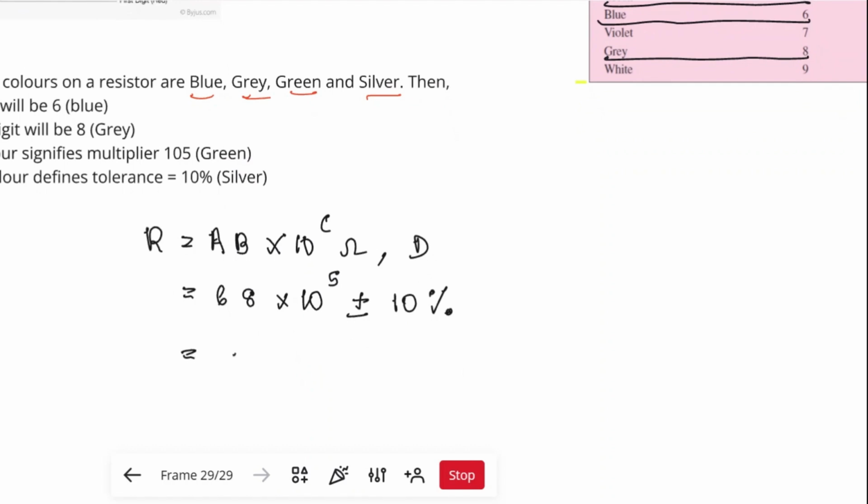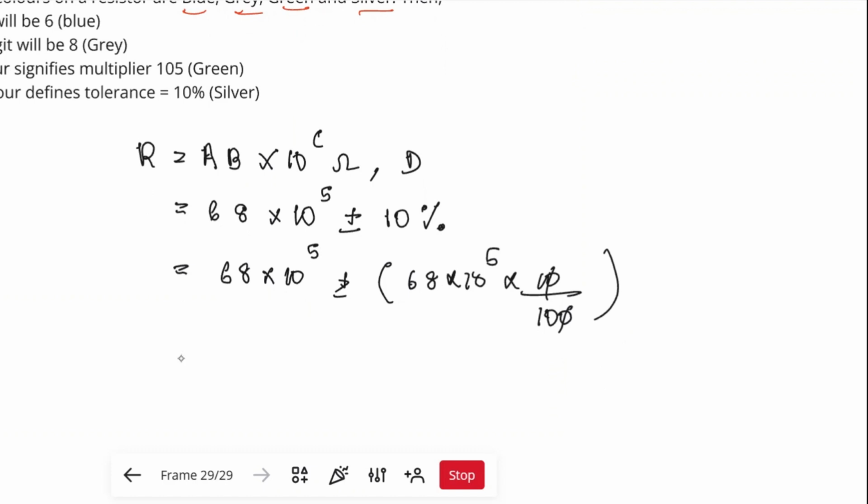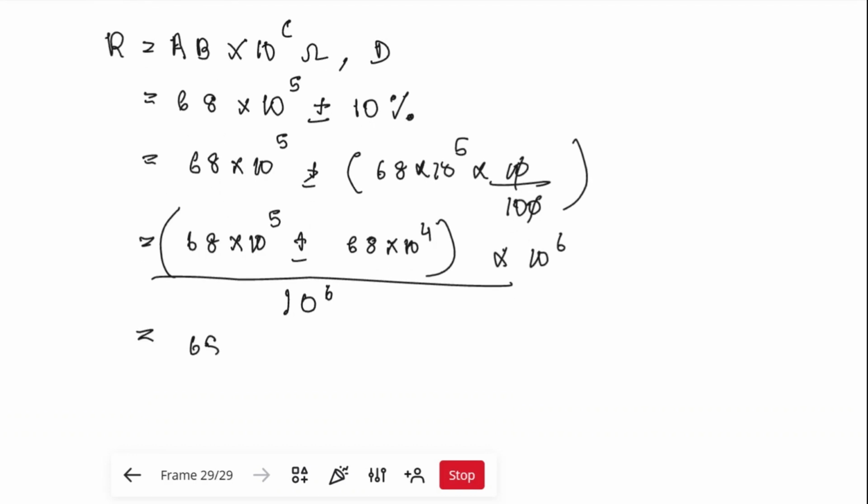which is equal to 68 into 10 to the power 5, plus or minus. This 10% can be written as 10% of 68 into 10 to the power 5, that is 68 into 10 to the power 5 into 10 by 100, which is 68 into 10 to the power 4. The whole thing divided by 10 power 6 into 10 power 6.